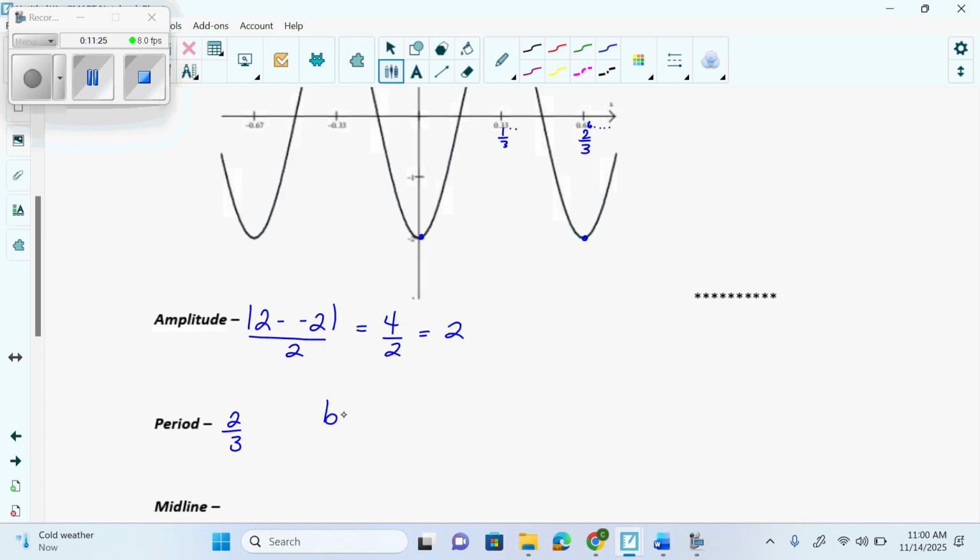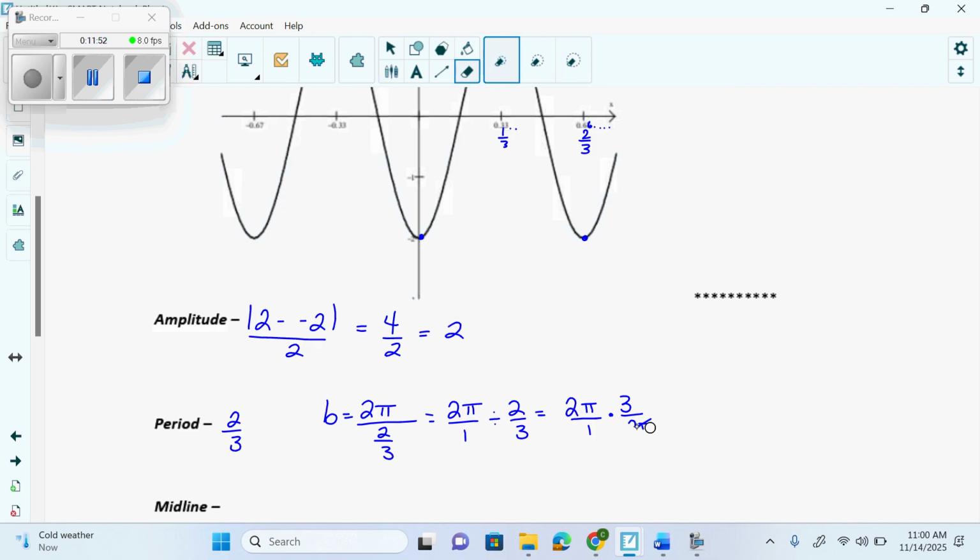But the B isn't 2/3, the B is 2 pi divided by 2/3. And it's in radians because the x-axis does not have degree symbols. Sometimes it's confusing to people, so you could go 2 pi over 1 divided by 2 over 3, which is the same as 2 pi over 1 times 3 over 2, sorry, not 2 pi.